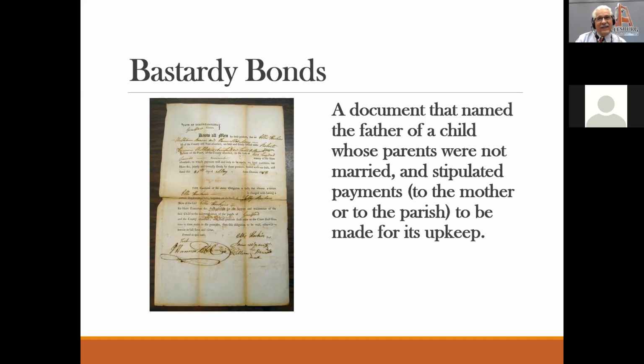And if they left the county, if the sheriff in County A heard that he was living in County C, he would send this bond to the sheriff in County C, and they would just arrest him and transport him back to County A, to make him do what he had to do.